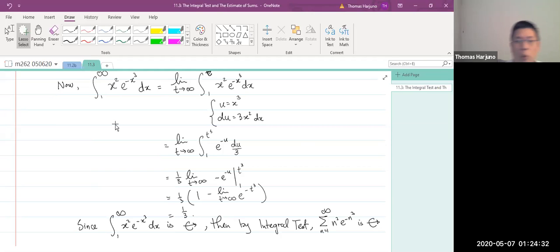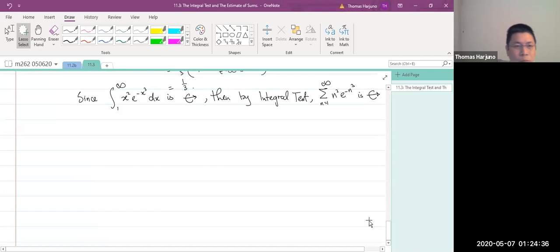Okay. Now, one thing before I go on further, something called the p-integral or p-series. The p-series refers to the series of 1 over n to the p.